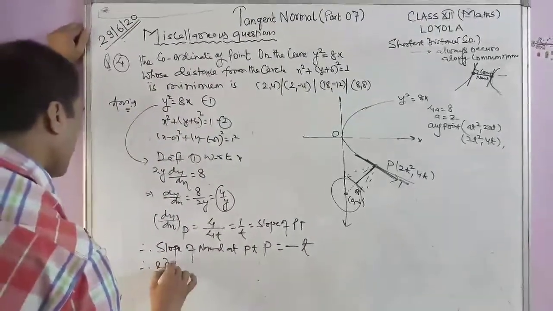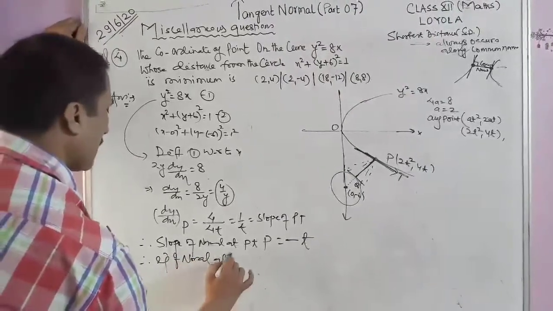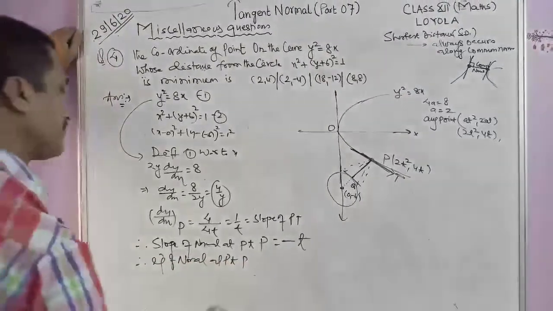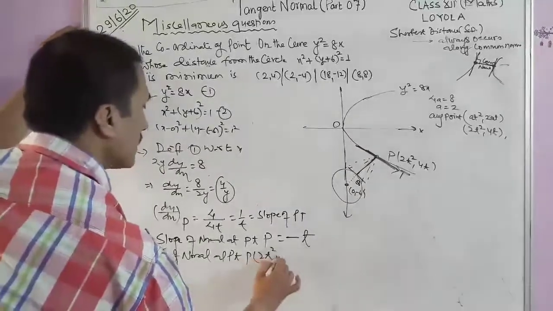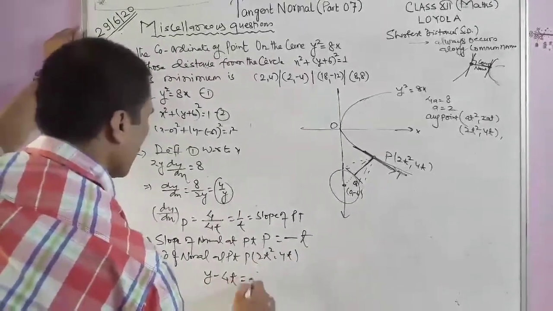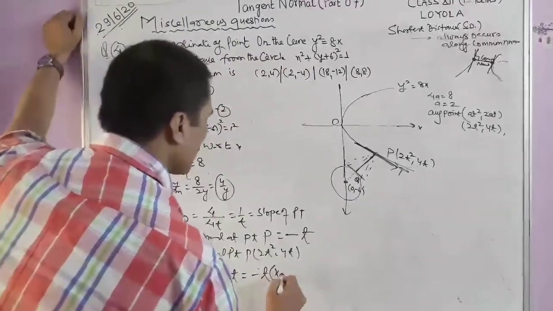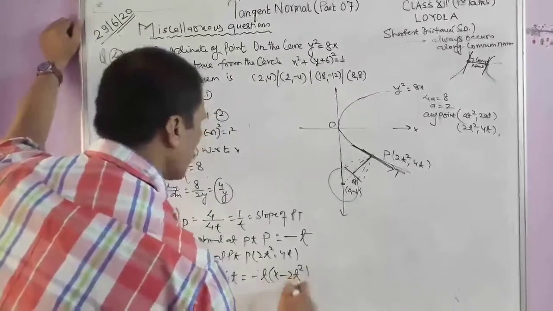Therefore the equation of the normal at point P (2t square, 4t): y minus y1 equal to m into (x minus x1), that is y minus 4t equal to minus t into (x minus 2t square).